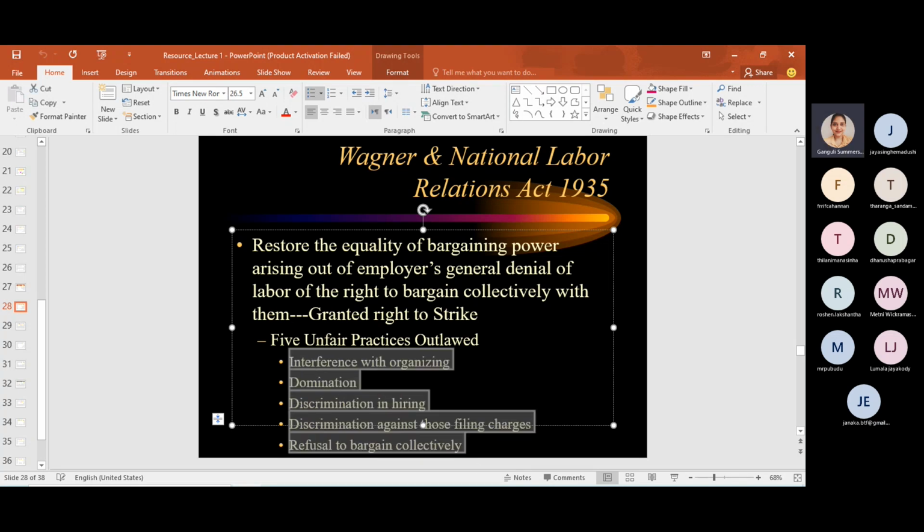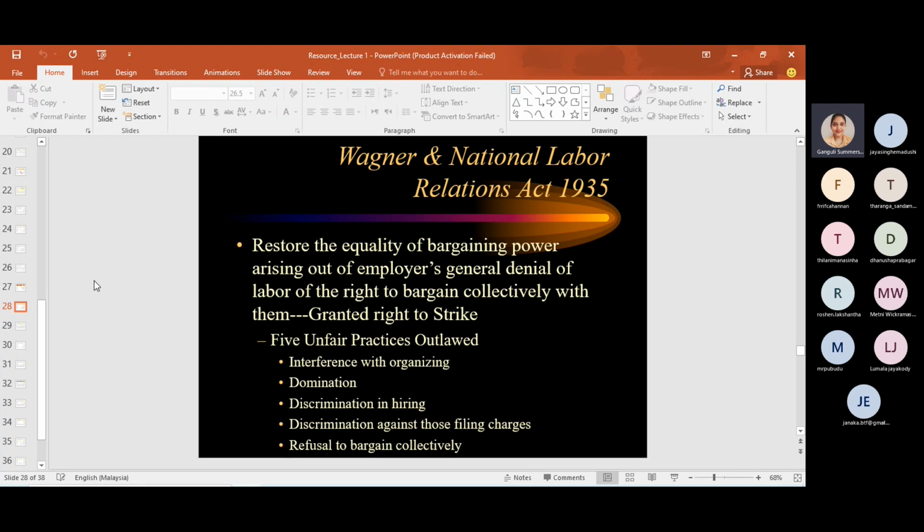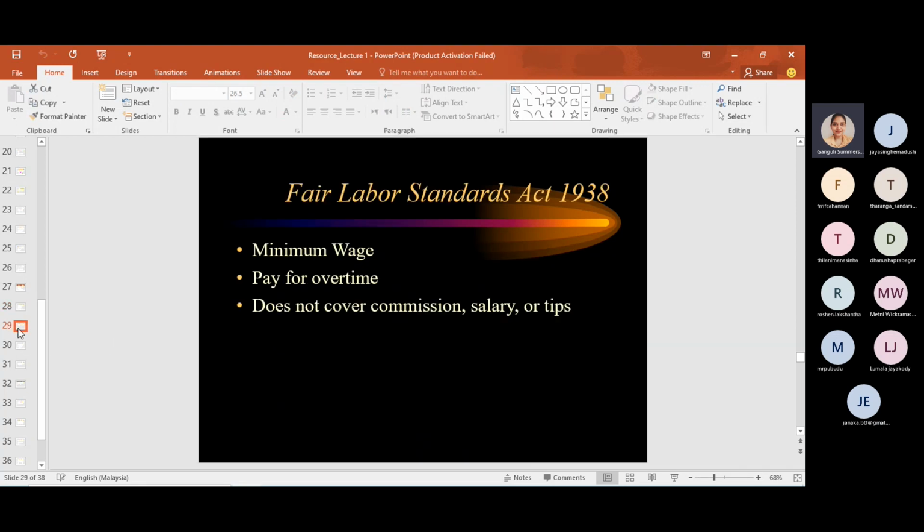So these are the 5 unfair practices outlawed according to this Wagner National Labor Relations Act made in 1935. Okay, and then we also have an act called Fair Labor Standards Act made in 1938.